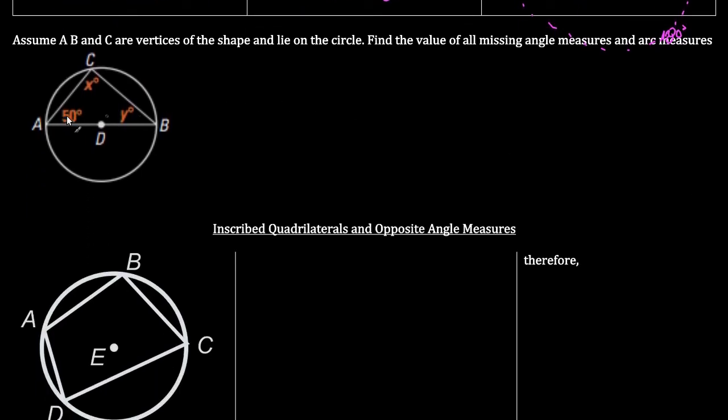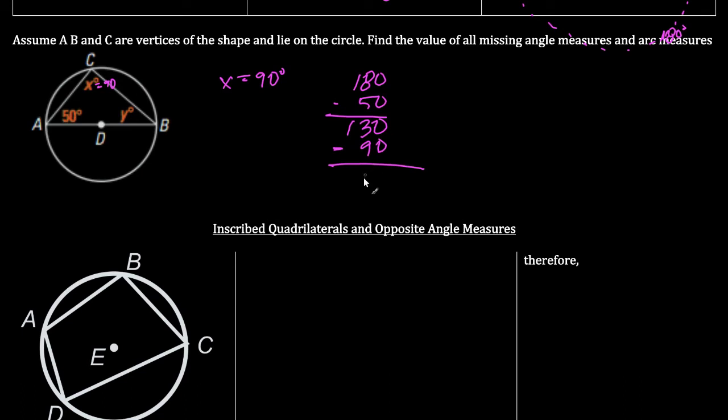So if we look here, this is the diameter. That means x is 90 degrees. And we know the sum of the angles of a triangle will be 180. So you just take 180 and take away 50, you get 130, and then you take away the 90 that we had from right here.